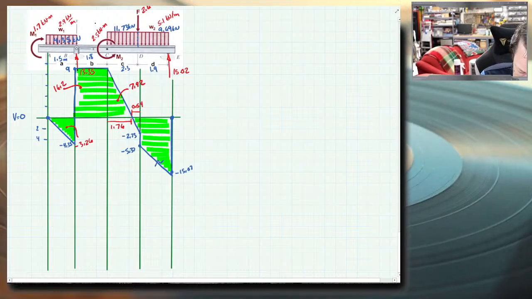I've got to do this little triangle. It has a height of negative 2.73, a base of 0.54. It is a triangle, so divide by 2. And I get negative 0.74.